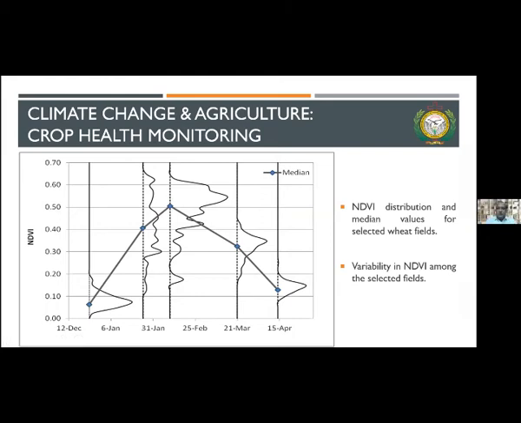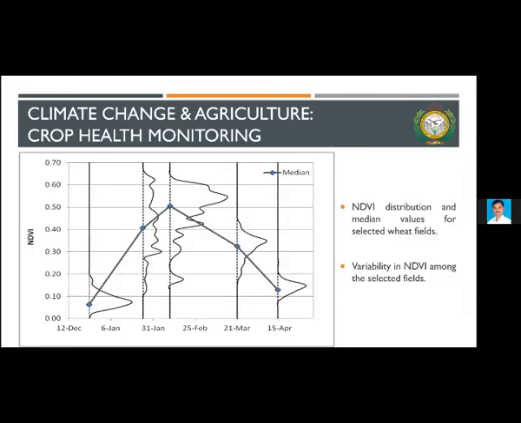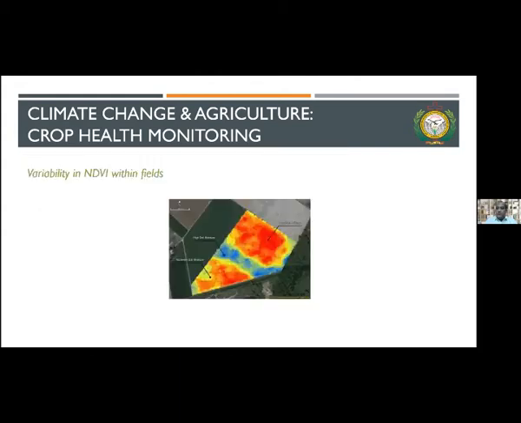So that was an overview, or what's called a bird's eye view or a district view, and this is the individual fields view, if you want to see the variability. The next level of information that you can get is within a specific field. What's going on within a specific field?